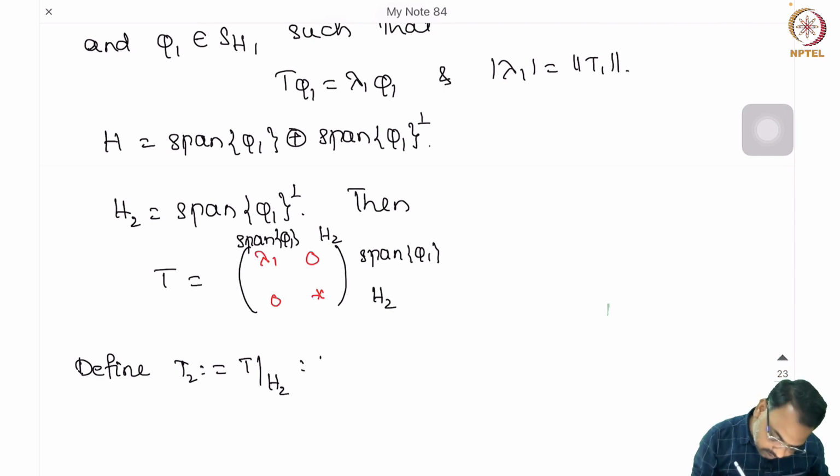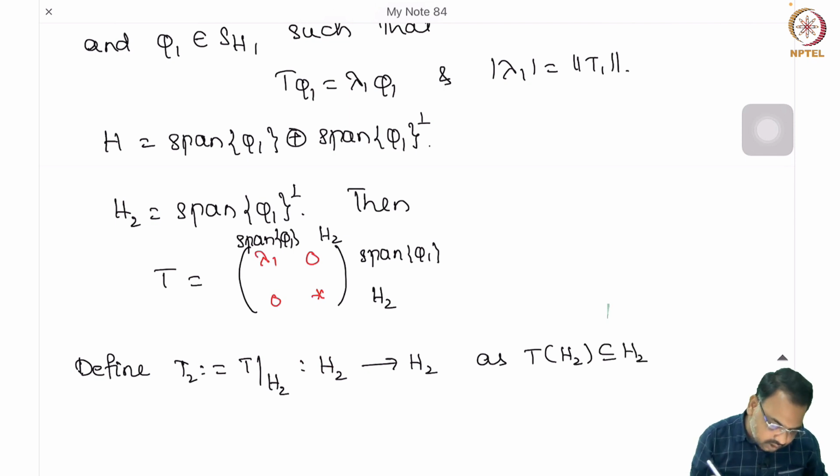Now this is a map from H2 into H2 as T of H2 is contained in H2. We know that span phi 1 is invariant under T. Since T is self-adjoint, its orthogonal complement, namely H2, is also invariant under T. Hence T2 is a map from H2 into H2.